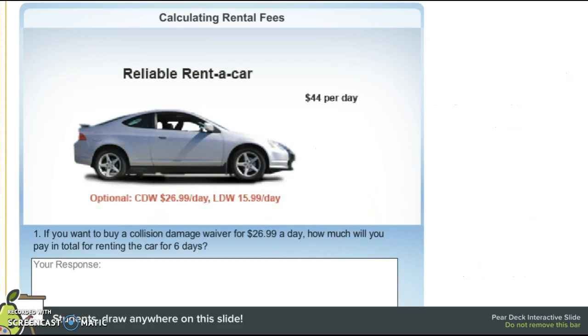All right, so calculating fees. If you wanted to buy a collision damage waiver for $26.99 a day, how much will you pay in total for renting the car for 6 days? All right, so we pay $44 a day to rent the car, and then the CDW there is $26.99. Go ahead and calculate how much it would be altogether.